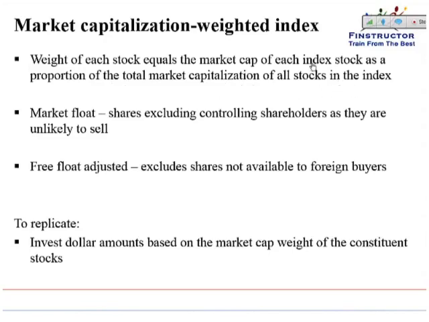So the higher market cap will have a higher weight, not the higher stock price. The weight of stock i will be equal to the market cap of stock i divided by the total market cap. The market cap is simply the stock price multiplied by the number of shares.